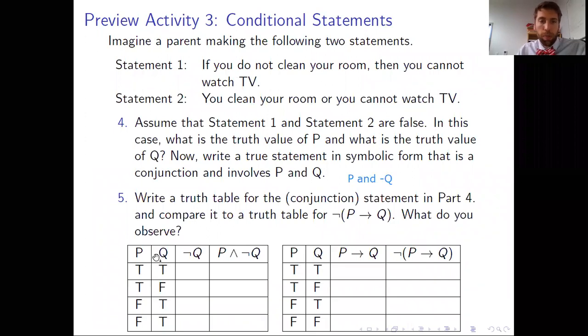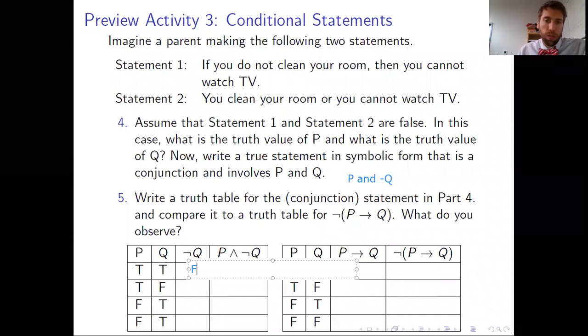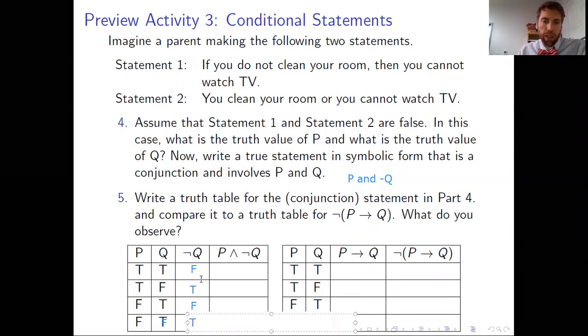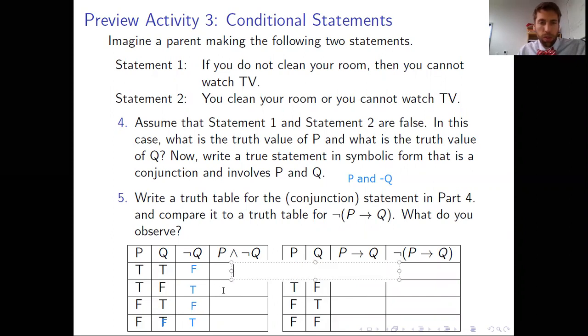So I've got P, Q, so that means not Q is false, and then true, and then false, and then of course this must be false, it's a typo there, and then true here. And then here, P and not Q is false except when they're both true. So there's one false there. Here they're both true, so it's true.